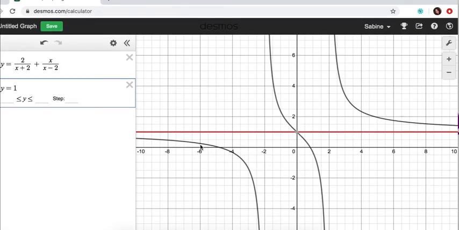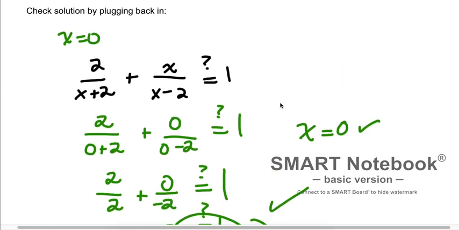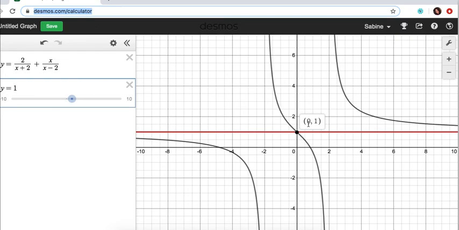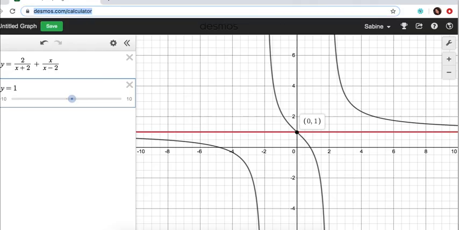Okay? So now look at these two, the black and the red. Where do they cross? Well, it looks like they're crossing right over here. And what x value does this point have? It has an x of 0. And what was our solution? Our solution was x equals 0. So it looks like these two match.